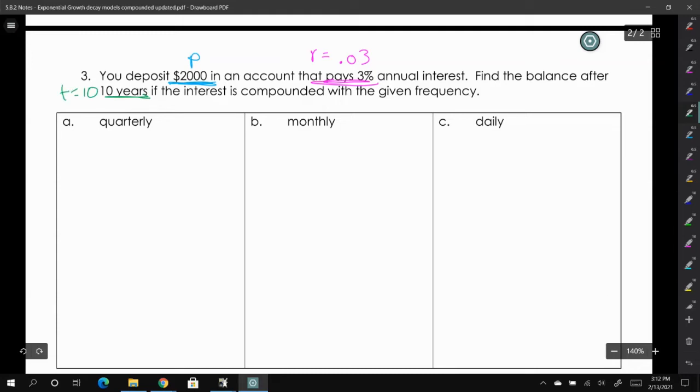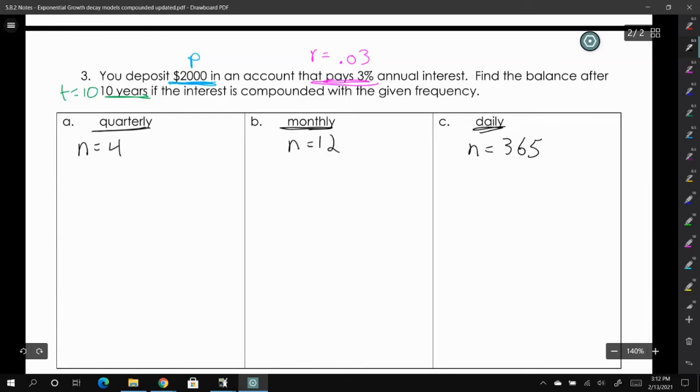So that's almost all of our information. So I'm going to give you the n values. Quarterly, n equals 4. Monthly, n equals 12. Daily, n equals 365.